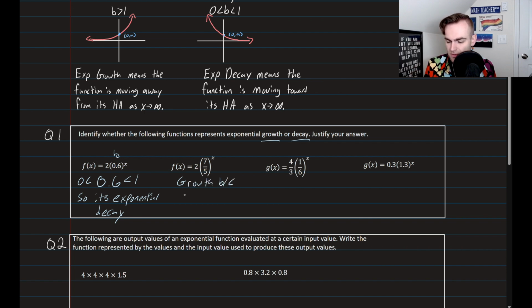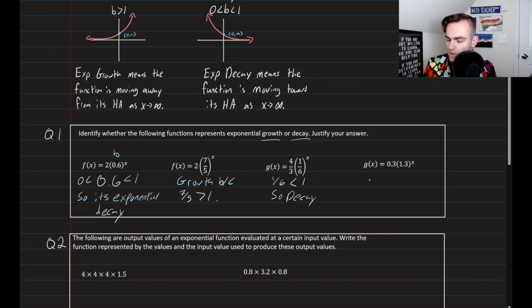This is growth because 0.7/5, which is 1.2, is greater than 1. So on and so forth. 1/6 is less than 1, so it's decay. And 1.3 is greater than 1, so this is growth.